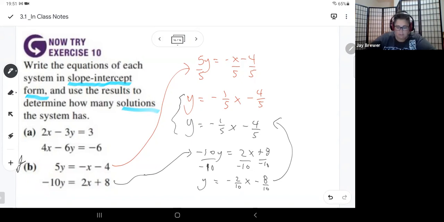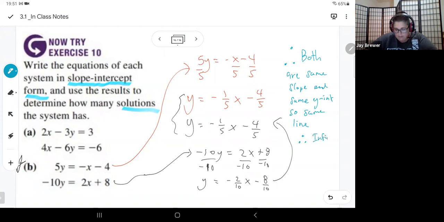Okay, that tells us that both equations have the same slope and the same y-intercept. So same line, which really means infinitely many solutions.